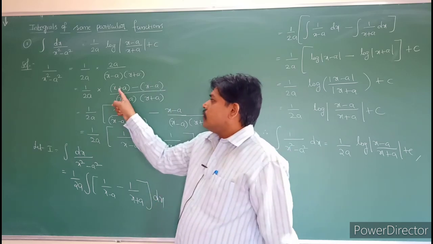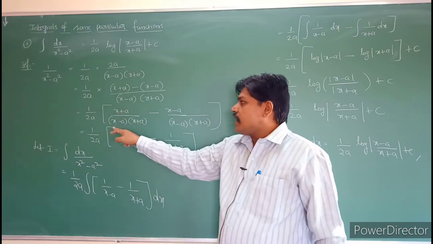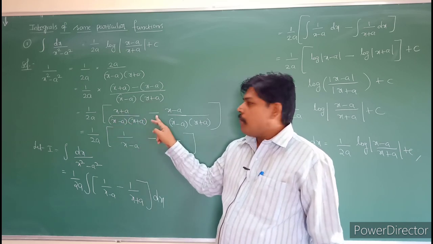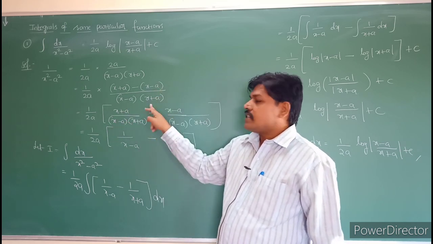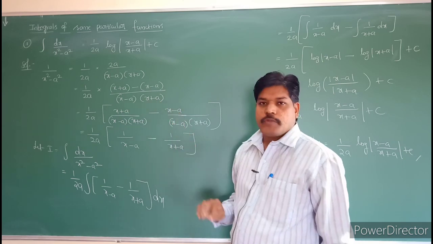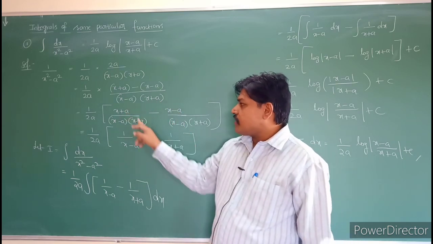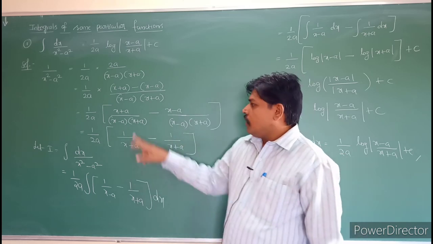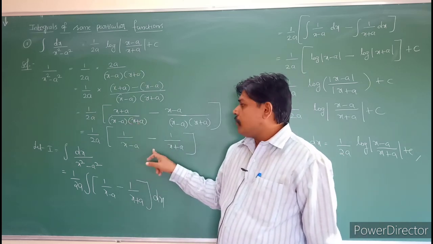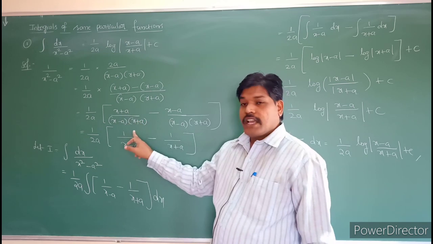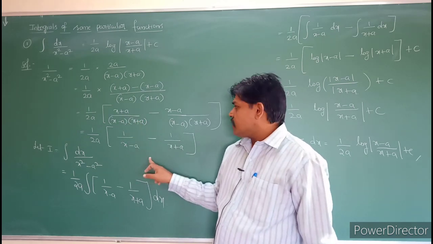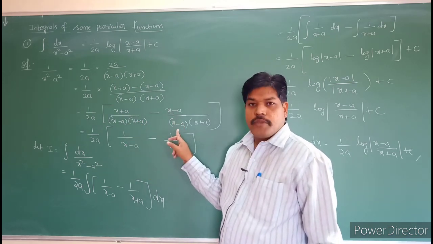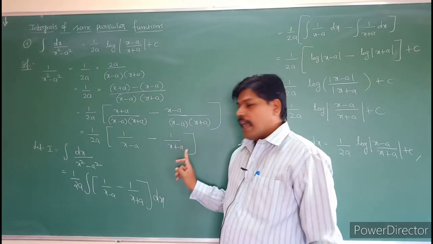Then separate the terms: x plus a by x minus a into x plus a, minus x minus a by x minus a into x plus a. Here x plus a will be cancelled, x minus a will be cancelled. You will get 1 by x minus a minus 1 by x plus a.